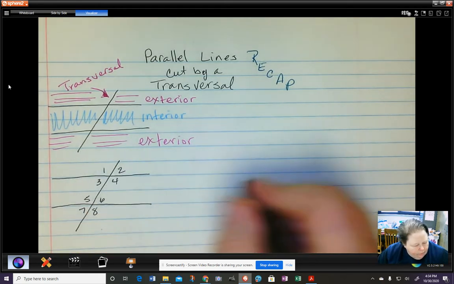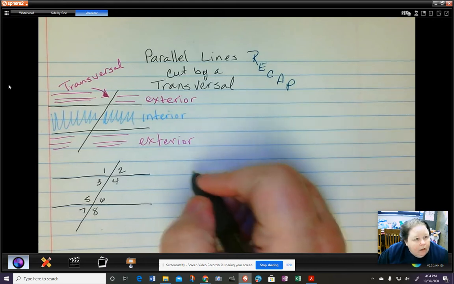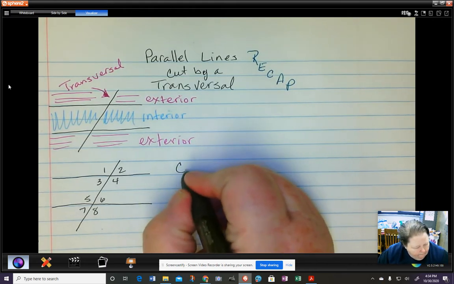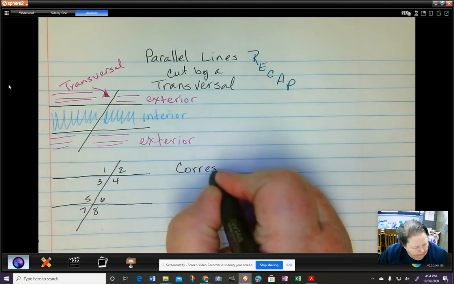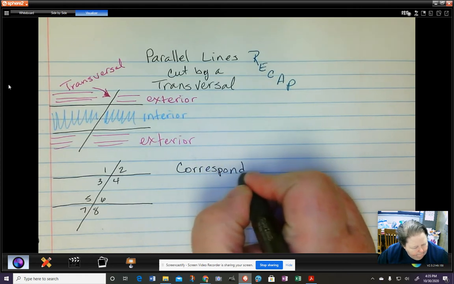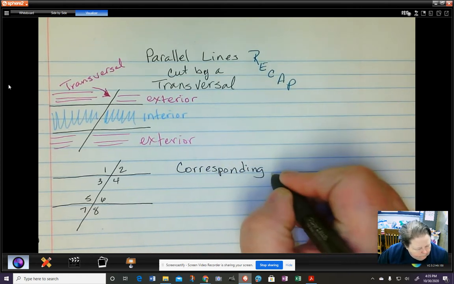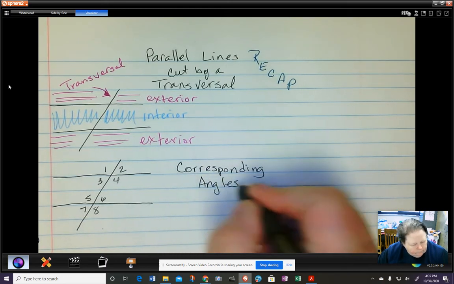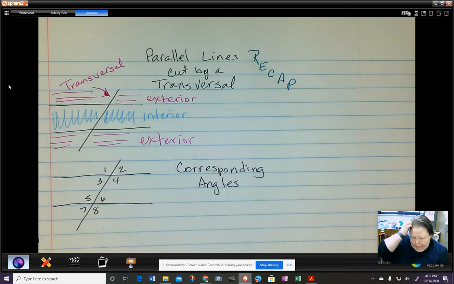The first one we're going to do is corresponding angles. Corresponding angles.